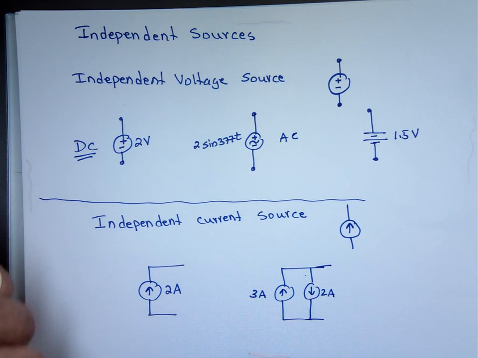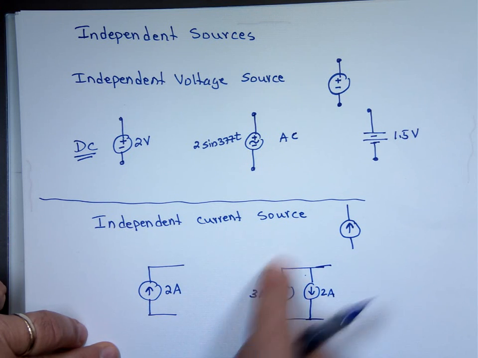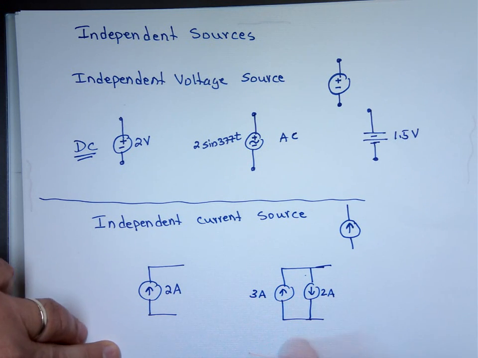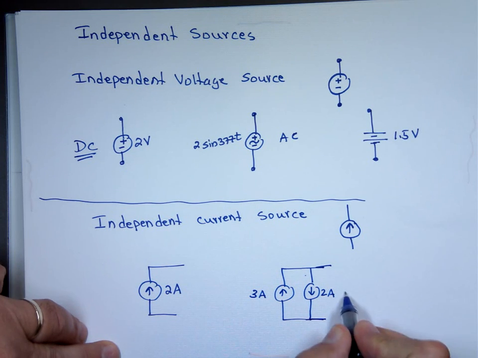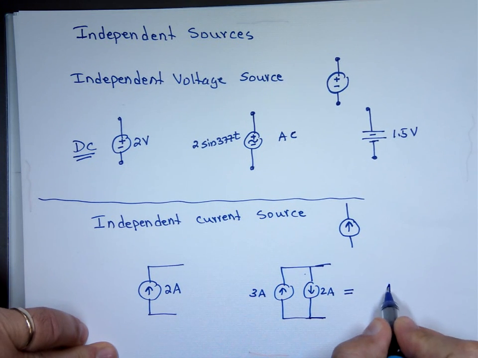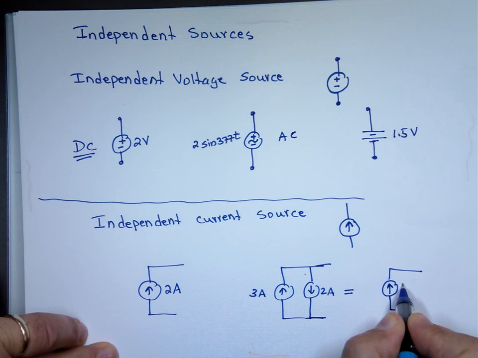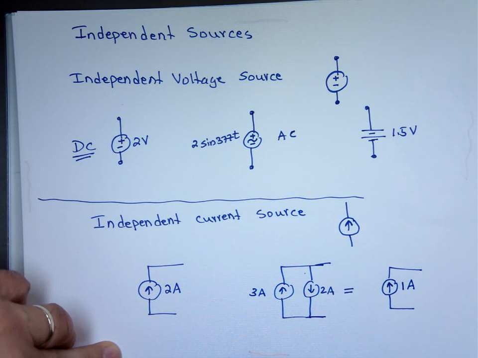There are 2 independent sources. This one's pushing 3 amps up in that direction. This one's pushing 2 amps in that direction. The net result is equivalent to 1 amp pushing upward: 3 up, 2 down.